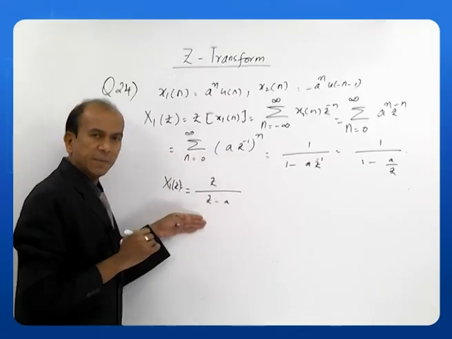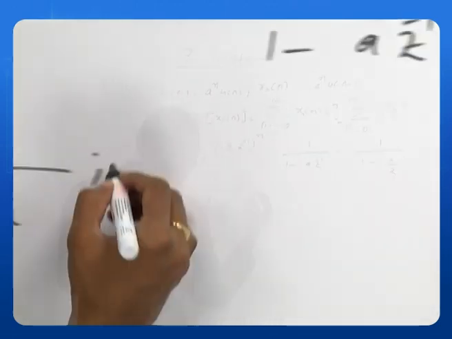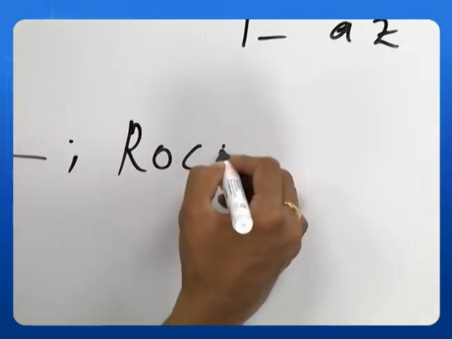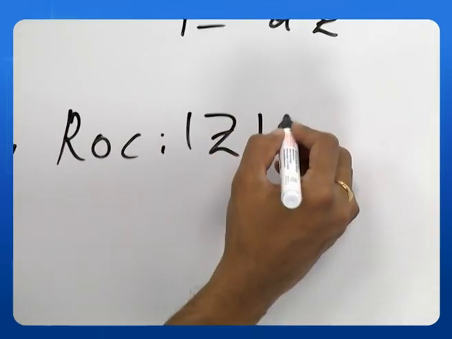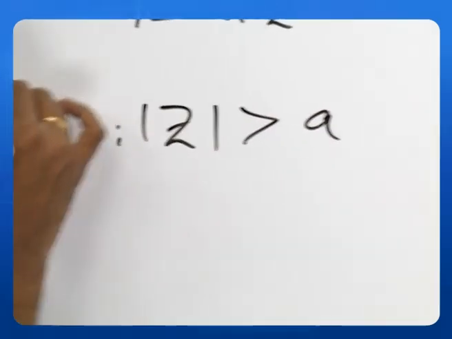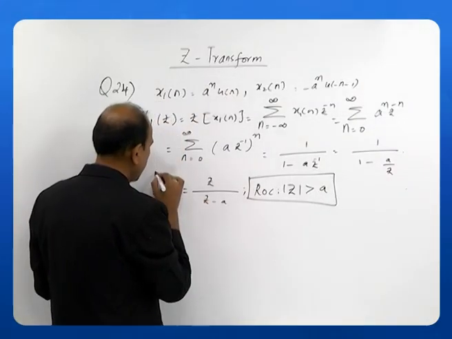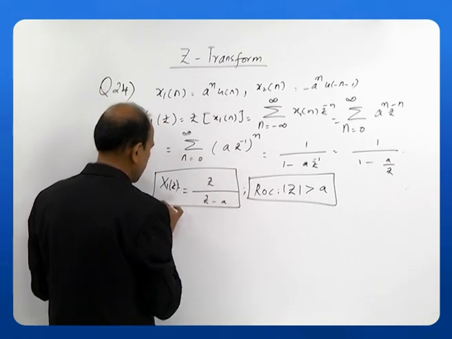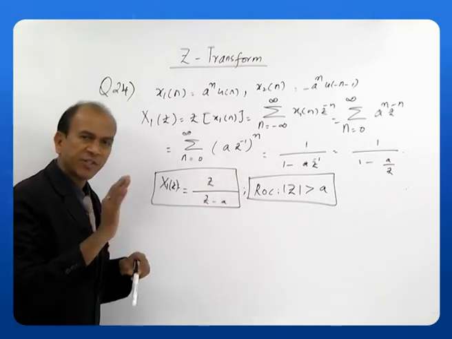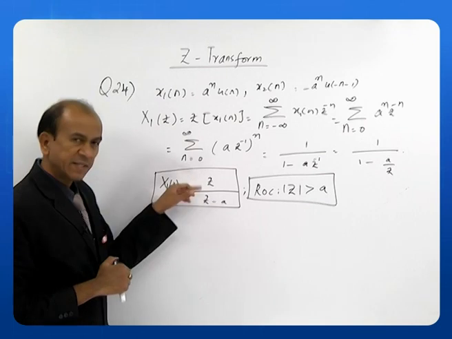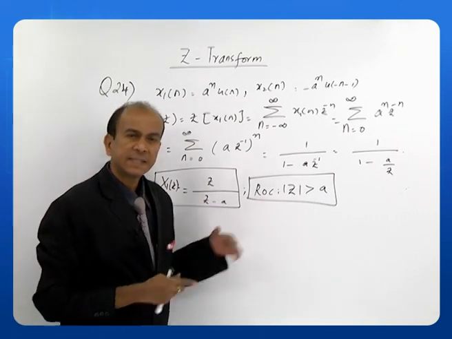Okay, how much is this? z by z minus a. So, what is the ROC for this? ROC for this is magnitude of z greater than magnitude of a. Okay, so this is our answer for the first part. x1 of z is z by z minus a, and ROC is z greater than a.